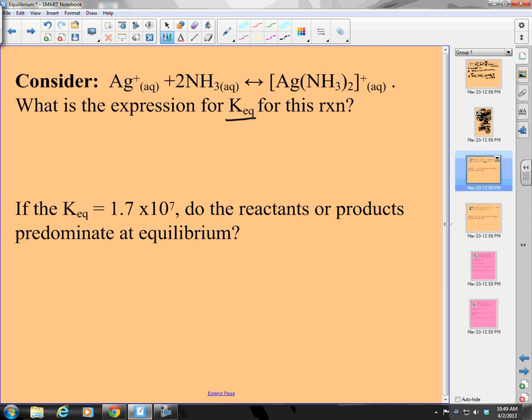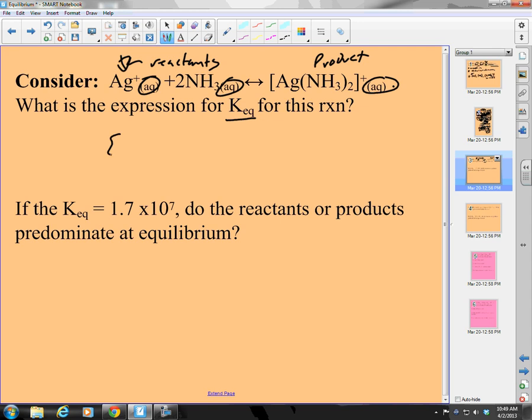Here we go. We want the expression for KEQ, and I have here, these are my reactants, right? Here are my products. Good. Okay, so these are all aqueous. So since they're all aqueous, they show up in my KEQ. I want to take my product raised to its coefficient.